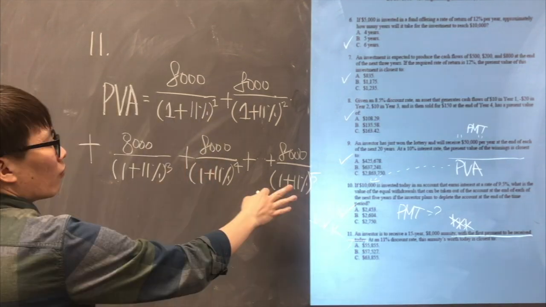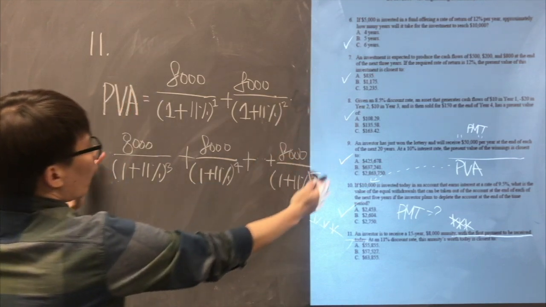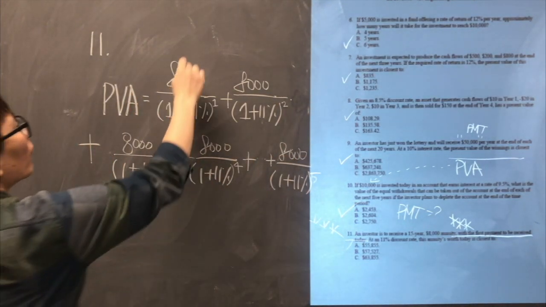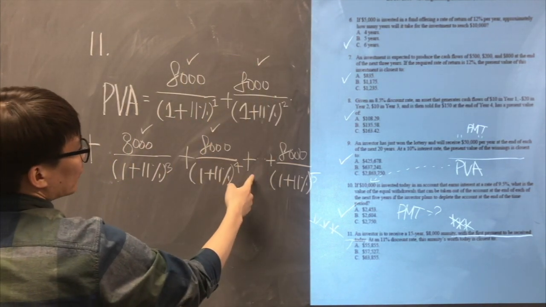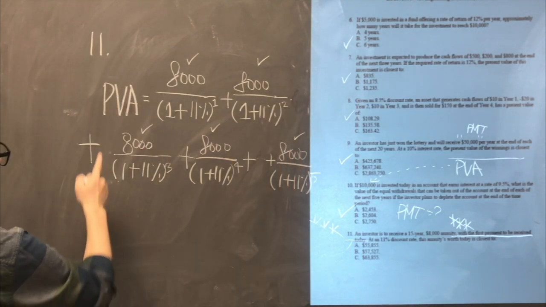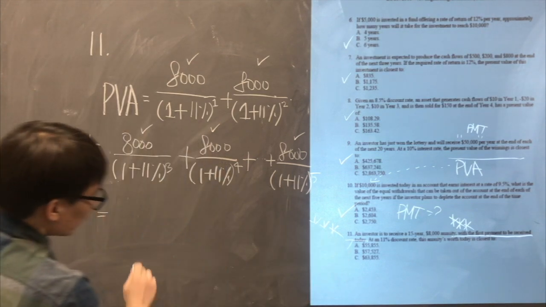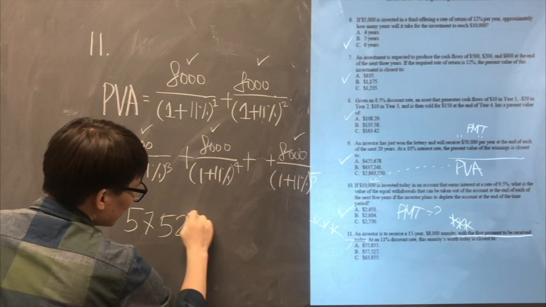Once you figure out this part, the sum of all 15 cash flows will be your present value, right? So it's close to 57,527.